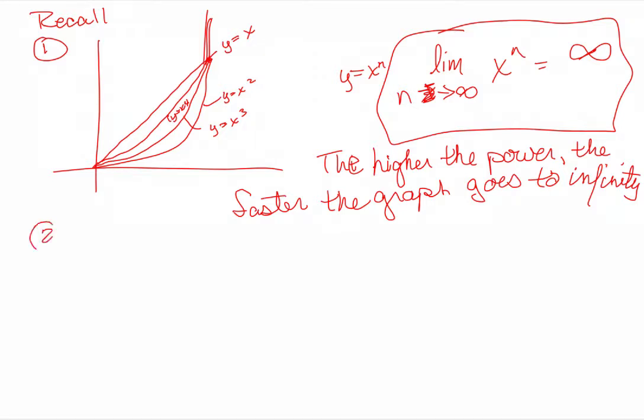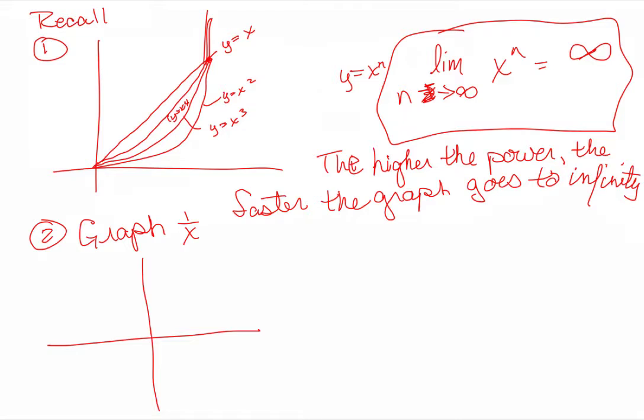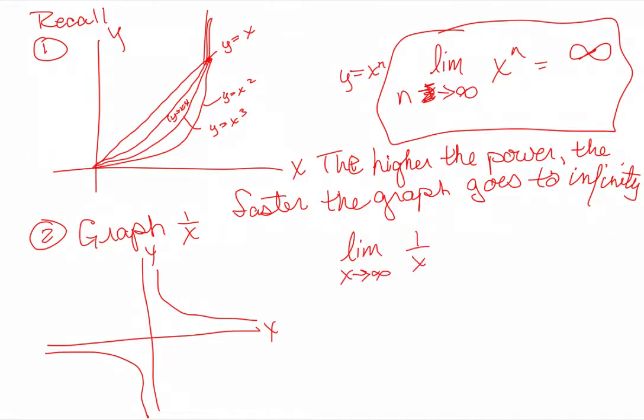The second thing I want you to think about is the graph of 1 over x. So if you look at this graph, the limit as x goes to infinity of 1 over x equals 0.